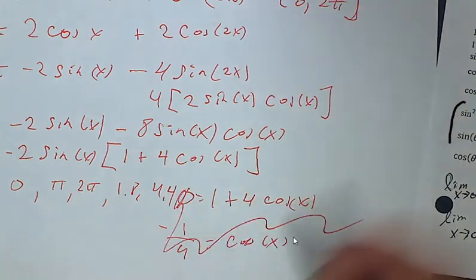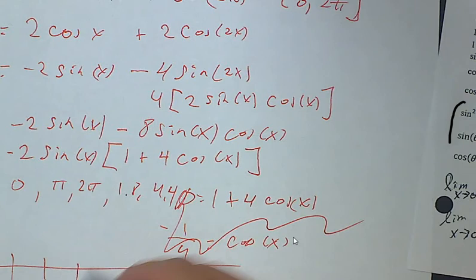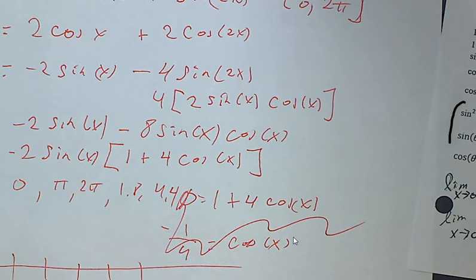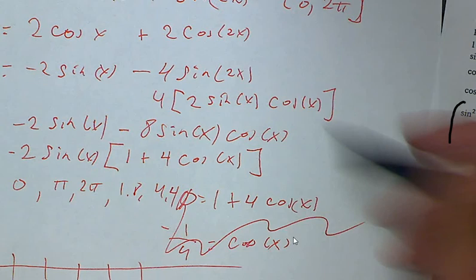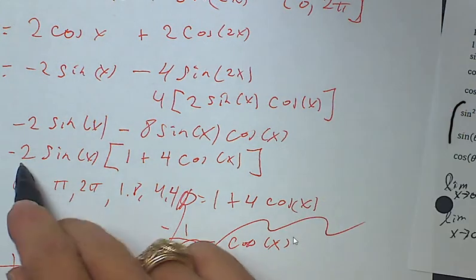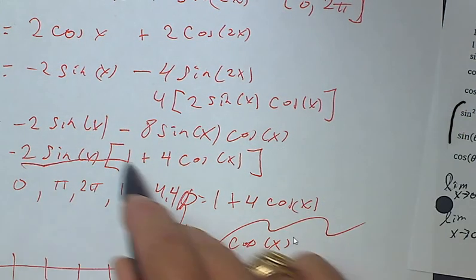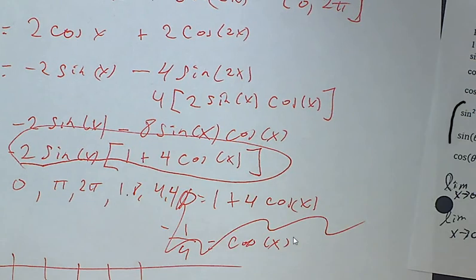So those are your intervals you have to check. Those are your candidates for points of inflection. And you plug them into the negative 2 sine x factored form. You can plug them into this one right here. The calculator won't matter, but by hand it's easier to plug in. Always plug in the one that you've factored. Okay? What else?